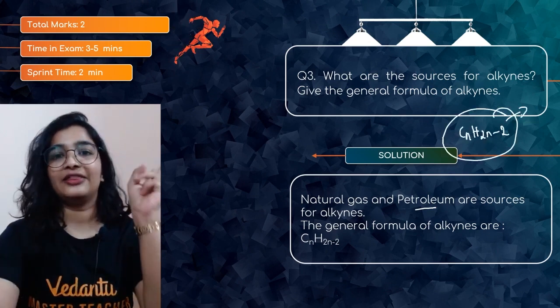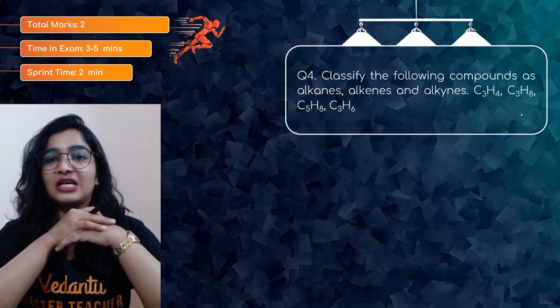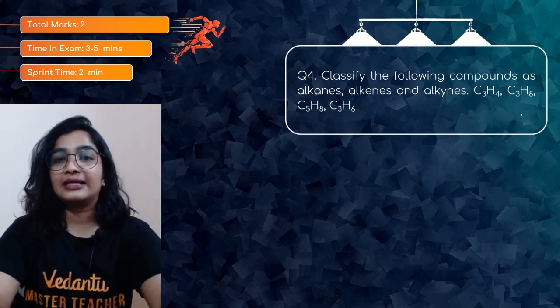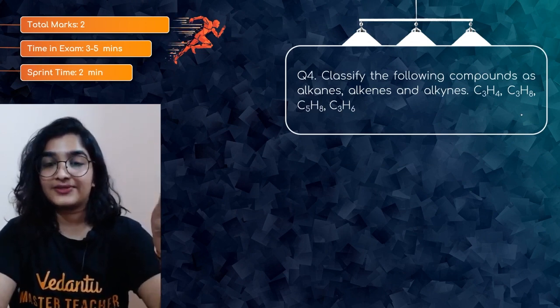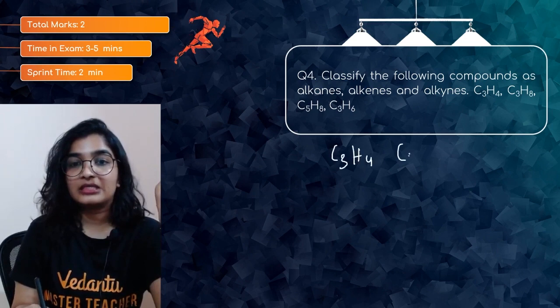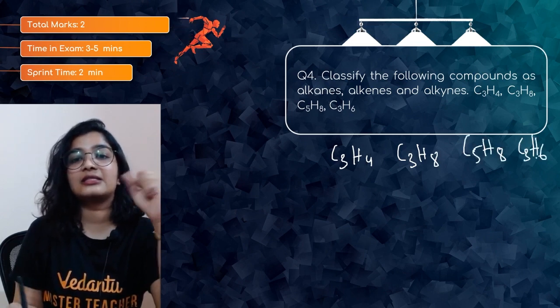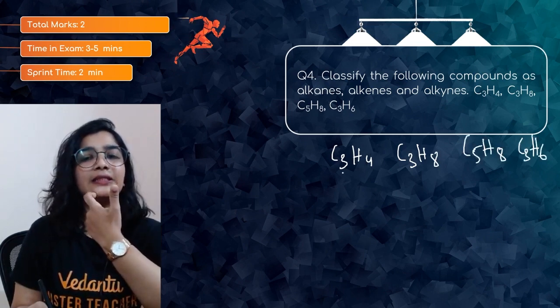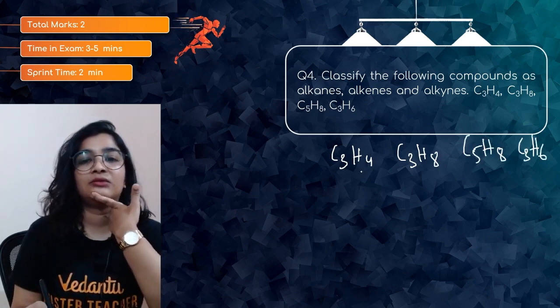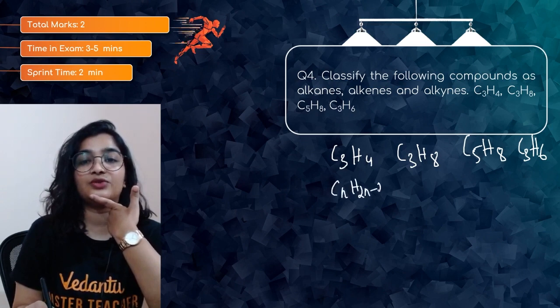Question number 3 for 2 marks. Classify the following compounds as alkanes, alkenes and alkynes. You have C3H4, C3H8, C5H8, C3H6. For C3H4, you see, this is CnH2n+1? No, CnH2n-2 it is: 3 2s are 6, so CnH2n-2.